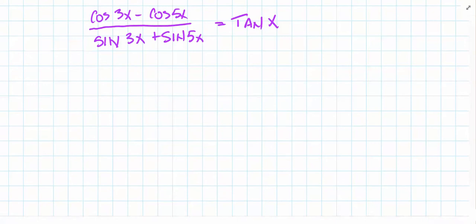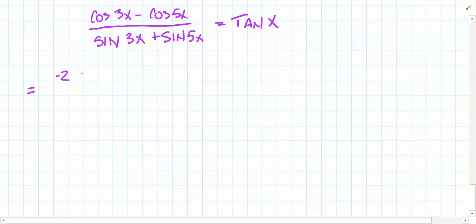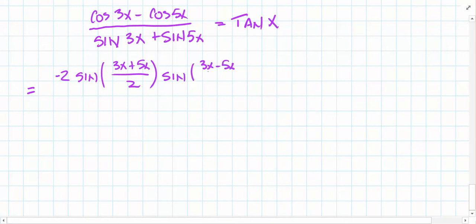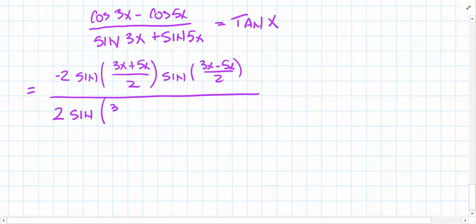All right, so I had the cosine of something minus cosine of something else. So that is going to become, based on my formulas, negative 2 times the sine of 3x plus 5x over 2, times the sine of 3x minus 5x over 2, all divided by 2 times the sine of 3x plus 5x over 2 times the cosine of 3x minus 5x over 2.